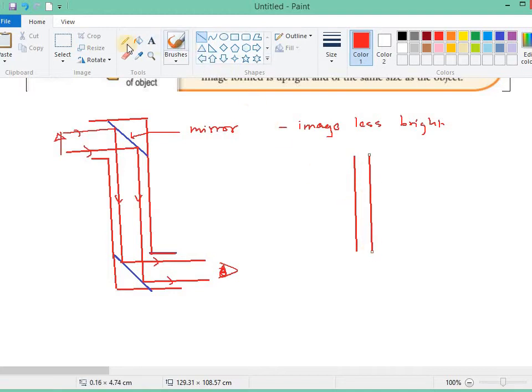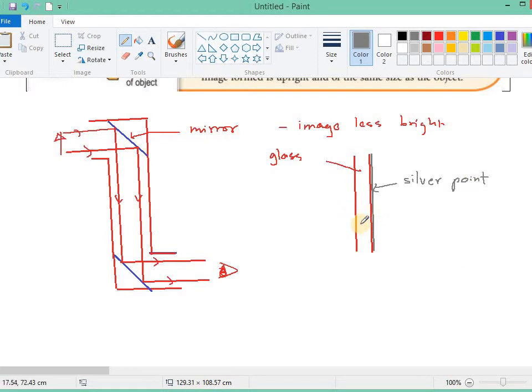Okay, this is a piece of glass. And at the back of the glass, there's a layer of silver paint.